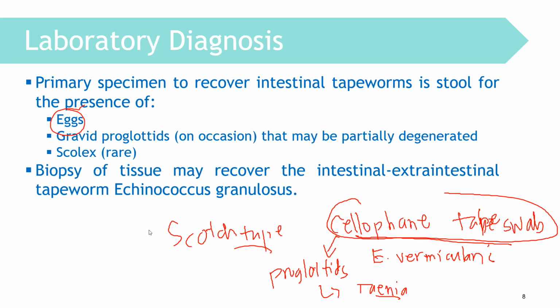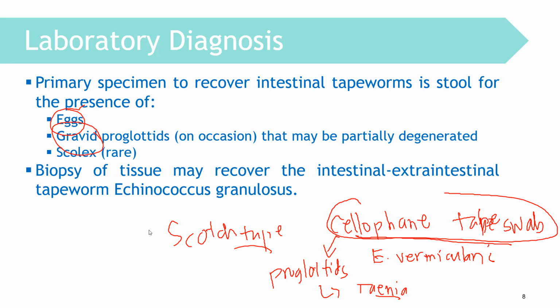Okay, next, in order for us to really achieve a successful treatment for cestodes, we have to demonstrate the scolex of the parasite. Recovery of the scolex of the parasite means successful treatment of cestode infection. Why?